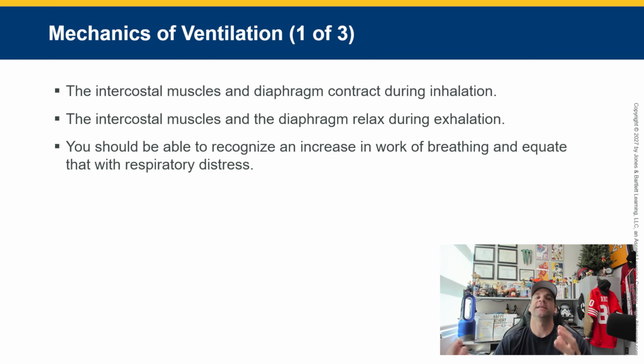So air then moves in down that pressure gradient into the lungs. Now during normal exhalation, the intercostal muscles and the diaphragm relax. The chest wall and the lung tissues recoil towards their resting position. The volume of the thorax decreases and air flows out.